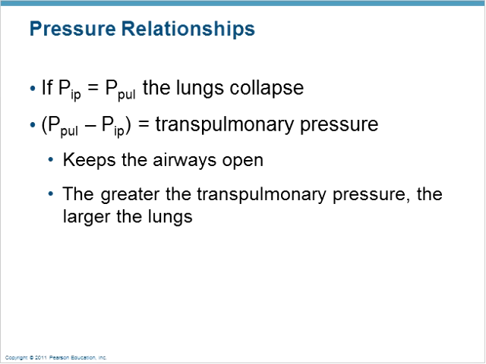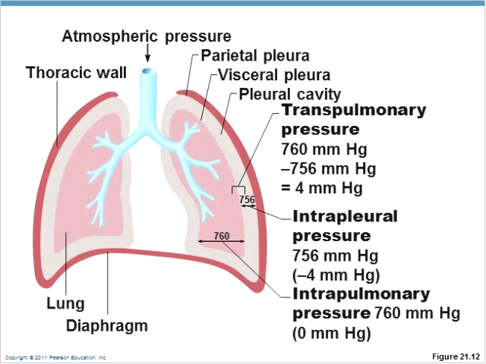The intrapleural pressure is equal to the pulmonary pressure if the lung collapses. The pulmonary pressure minus the intrapleural pressure is the transpulmonary pressure, and this allows us to keep the airway open. The greater the transpulmonary pressure, the larger the lungs. So let's look at this.